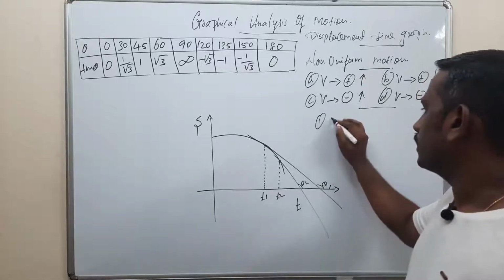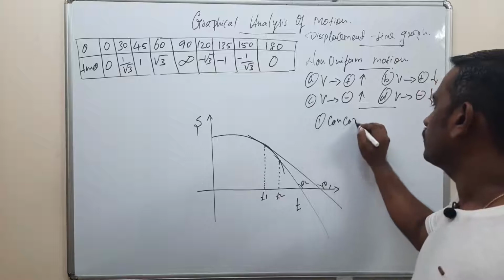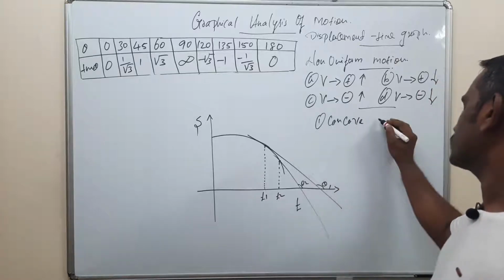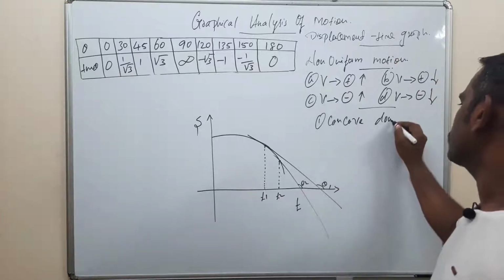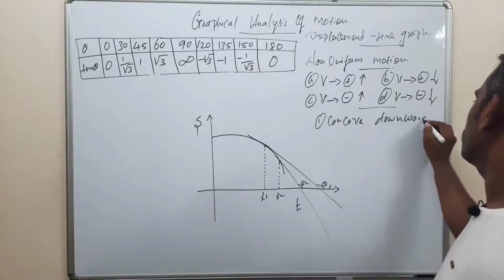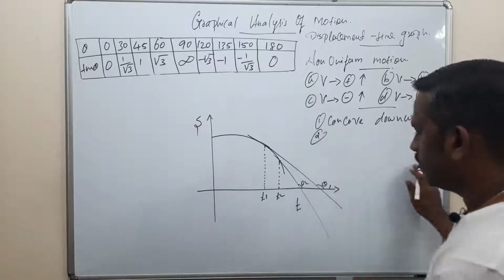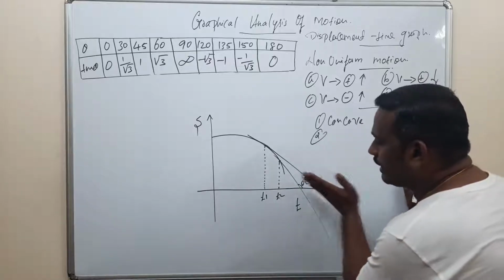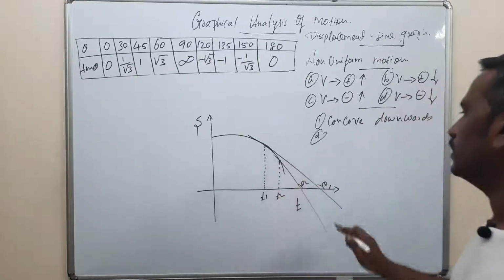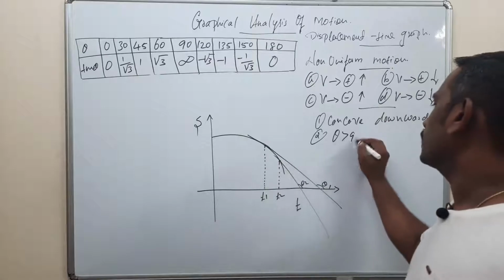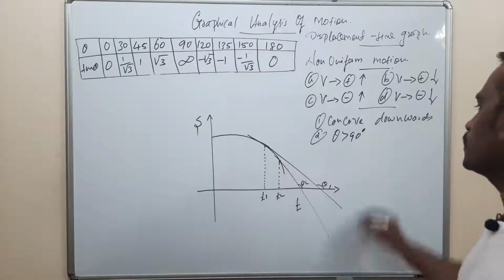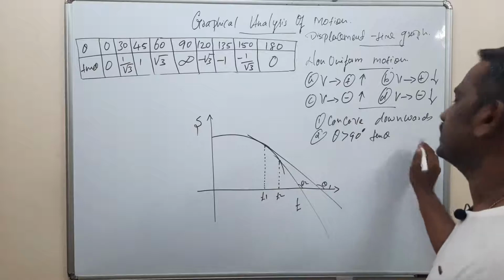One, concave upwards, sorry, concave downwards. Two, the theta value is greater than 90 degrees.